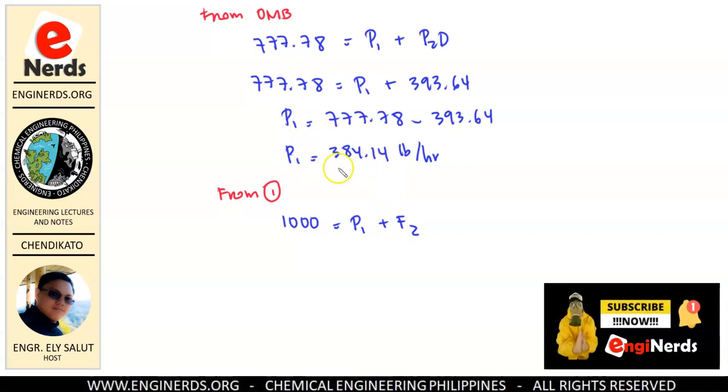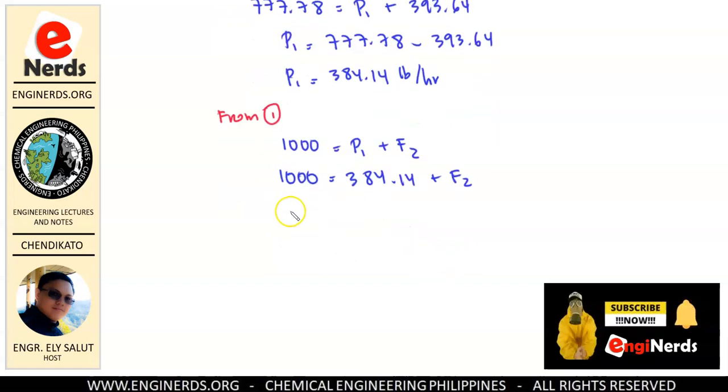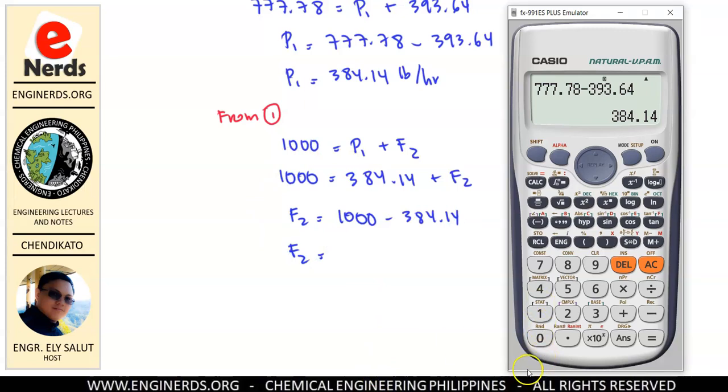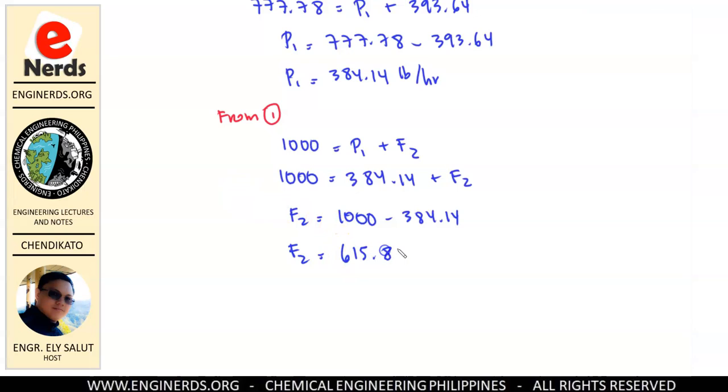And we already know the value of P1. So we have 1,000 is equal to 384.14 plus F2. Okay, so therefore, our F2 is equal to 1000 minus 384.14, which is 615.86 pounds per hour.